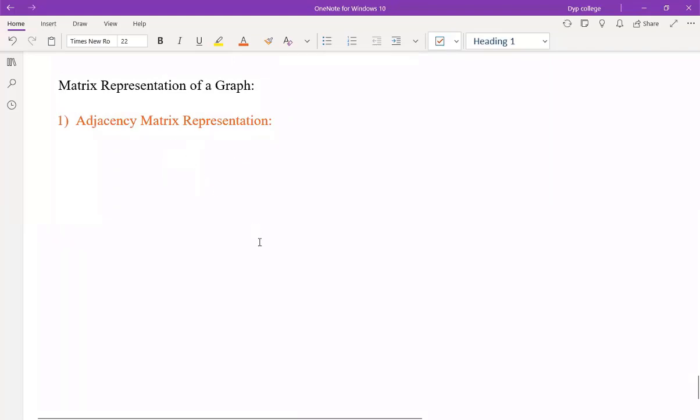Now adjacency matrix. Adjacency matrix मतलब क्या होता है? So adjacency means, you know the meaning of the word adjacency. That already we discussed.